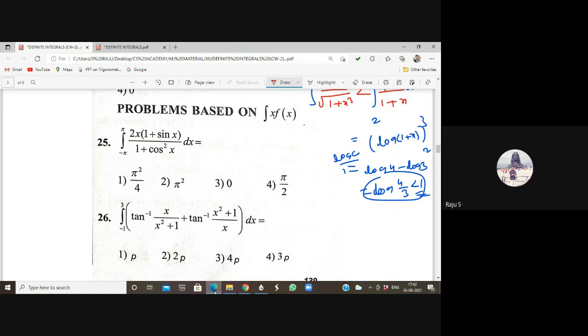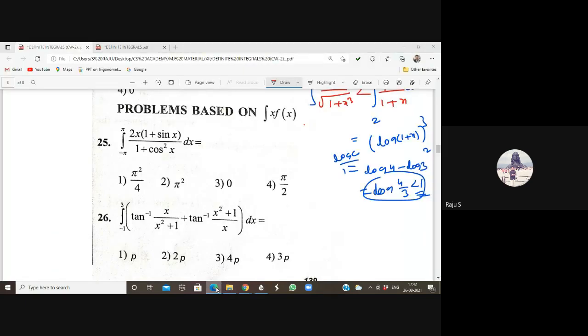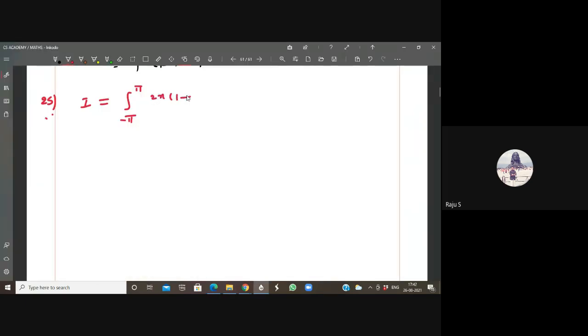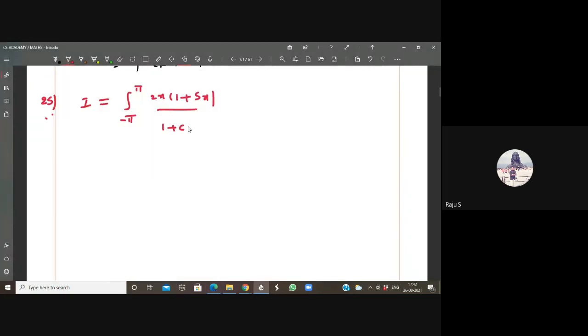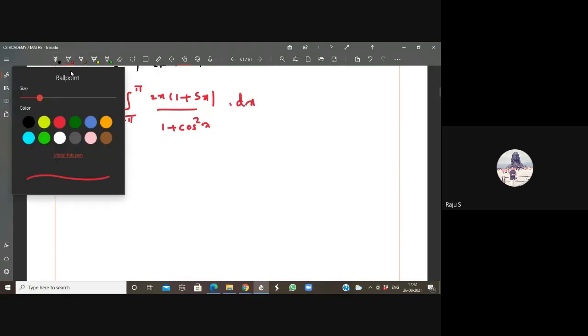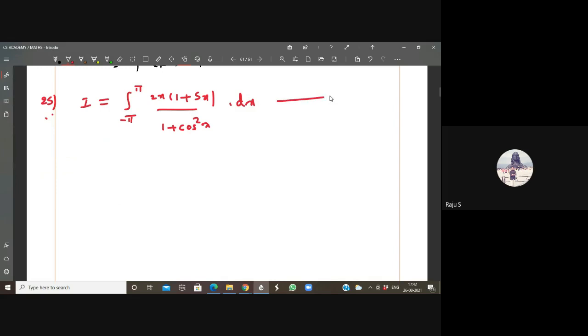Then, this 25th one, what is the question? I is equal to the integral from minus pi to plus pi of 2x times (1 plus sin x) by (1 plus cos square x) dx. Okay, students, you can take this as equation 1.